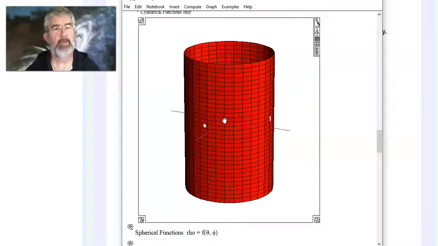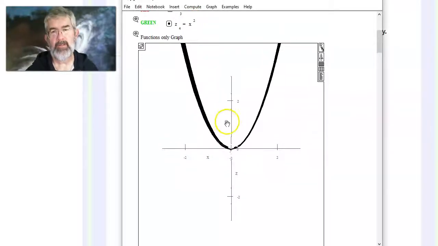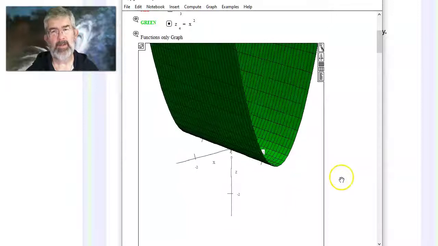So from the point of view of quadric surfaces, the way we're going to be able to initially recognize cylinders quickly is if one of the variables is missing from the equation. So this one, x squared plus y squared equals 4, is missing the z. This one right here is z equals x squared, so it's missing the y, which means in the y direction, it can be anything you want.